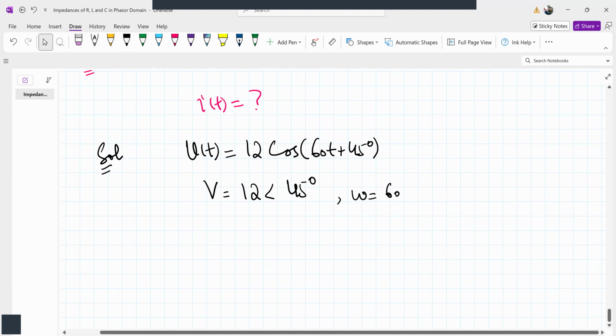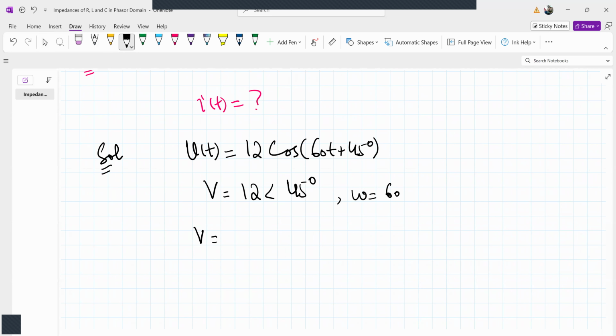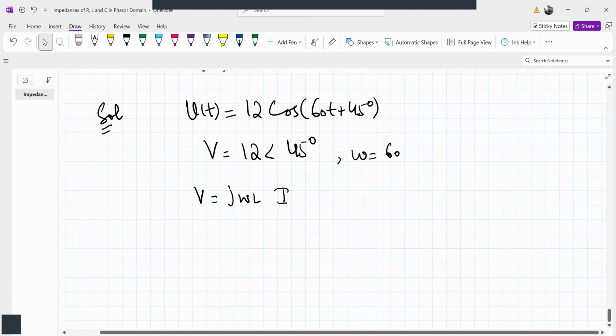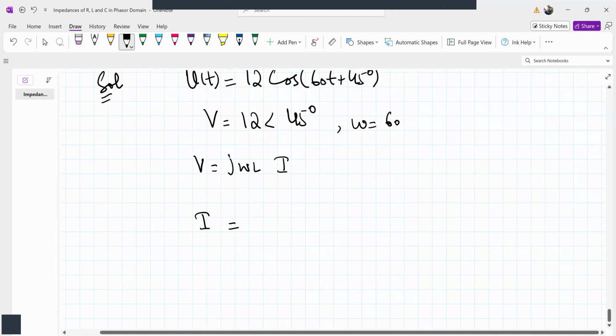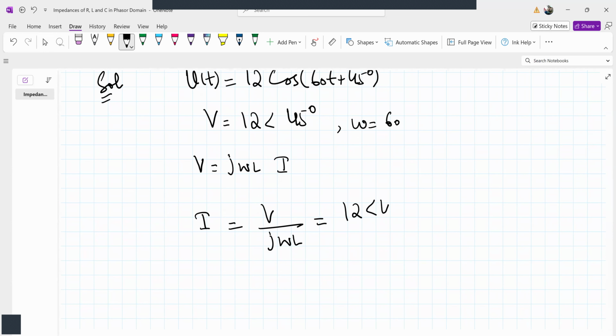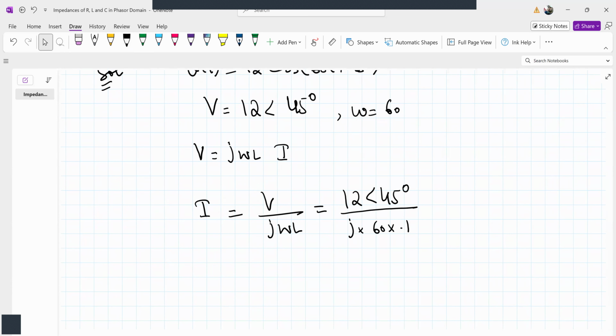Okay, now we know the voltage phasor and I phasor are related in an inductor by V equals jωL times I. So we need to find I. I will be simply equal to V divided by jωL. V is simply 12 at an angle of 45 degrees divided by j, let me keep j as such, omega is 60 multiplied by L, which is 0.1 Henry.